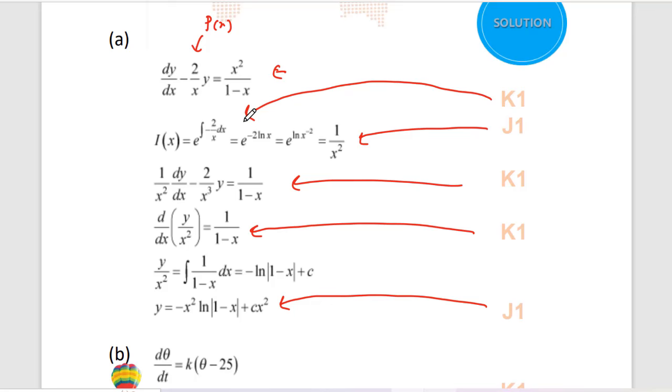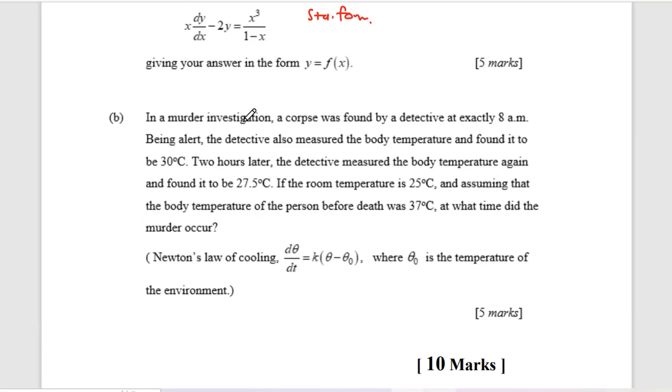Okay, kemudian kita pergi pada part B. Okay, untuk part B, baca dulu dia punya soalan. Okay, so this one dia bagi the detective measure the body temperature and found it to be 30 degrees Celsius. So dia jumpa satu mayat pada pukul 8 dan temperature dia pada waktu tu adalah 30 degrees Celsius.